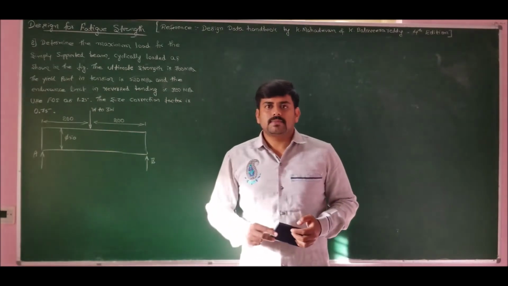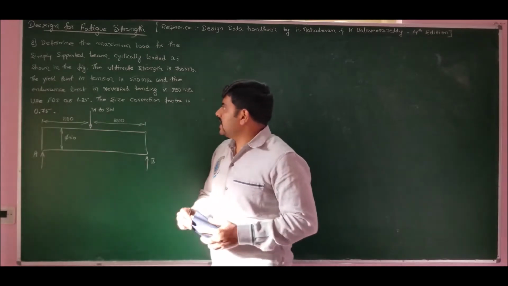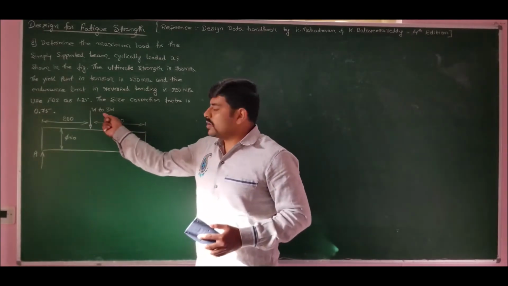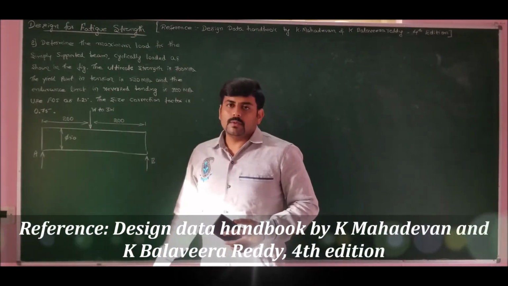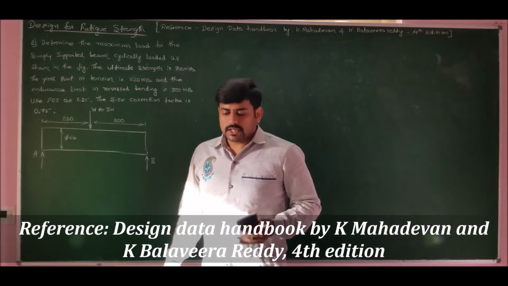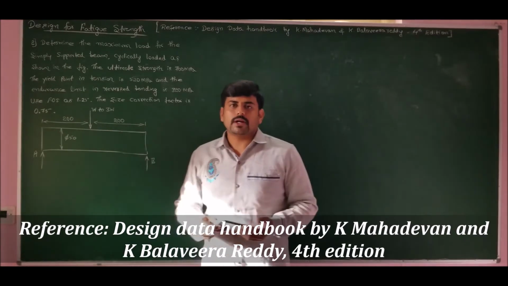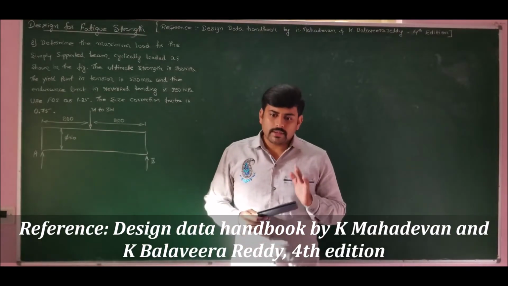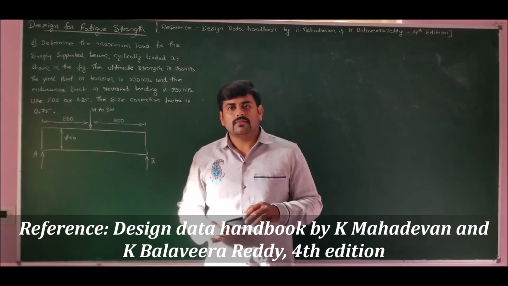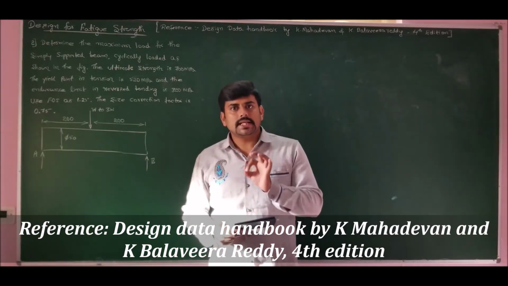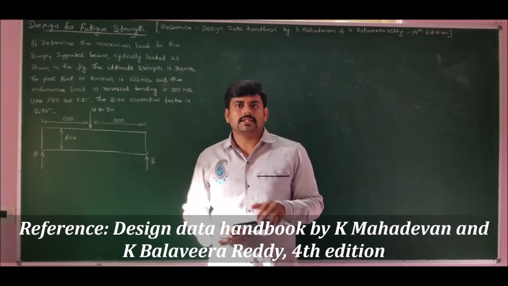Even though he has specified this completely reversed bending case, he has given two different loading conditions for us. The load varies from 3W to W. A very important note students should make here is whether to take positive and negative signs for these loading conditions. If you observe, the directions of both 3W and W are in the same direction.